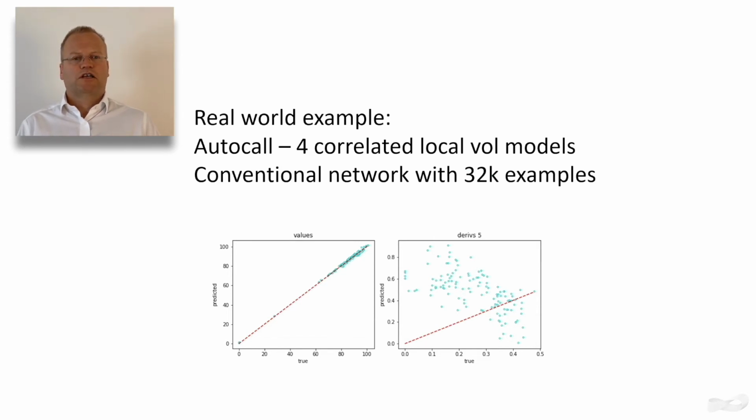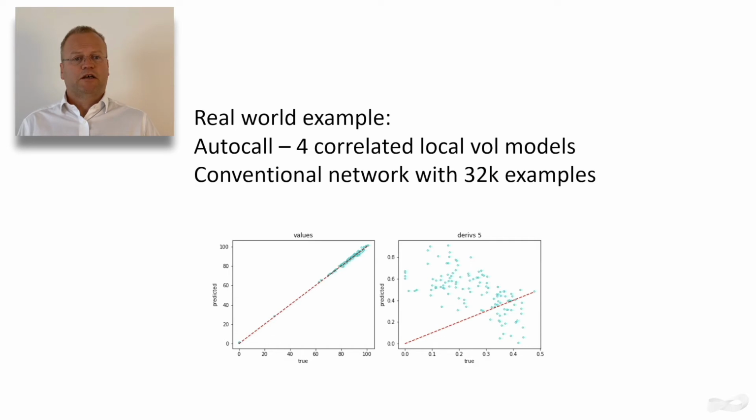As a first realistic example, consider a worst-of-4 autocallable transaction with 4 correlated local volatility models a la Dupire, calibrated on current market data. We trained a conventional neural network on 32,000 examples simulated in Superfly, Danske Bank's proprietary risk management system, and measured performance of price approximation on the left and delta approximation on the right on an independent test set.